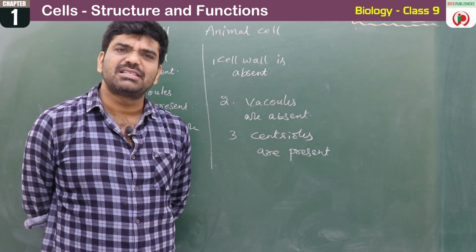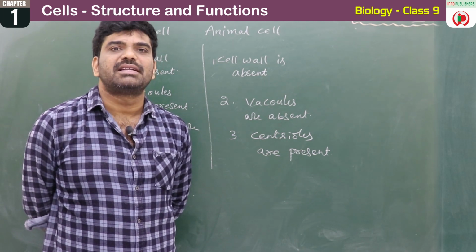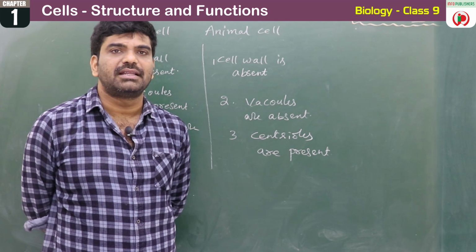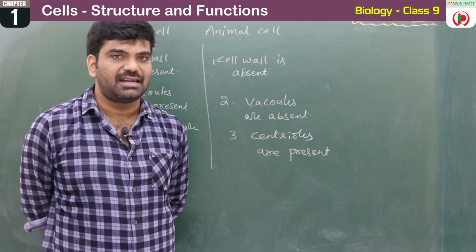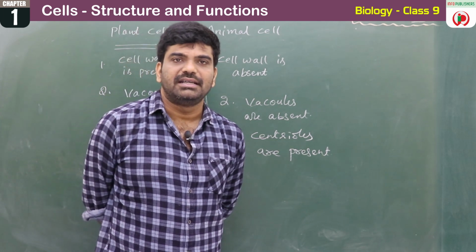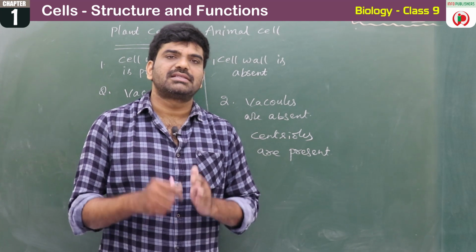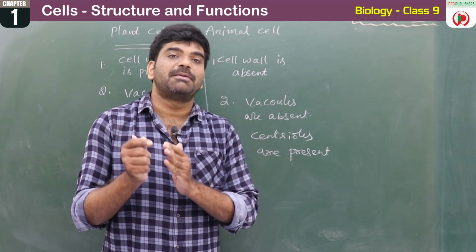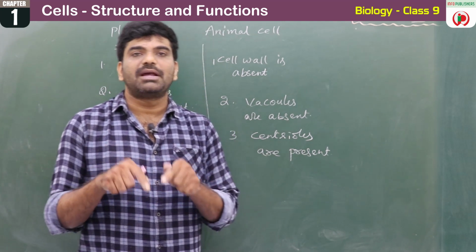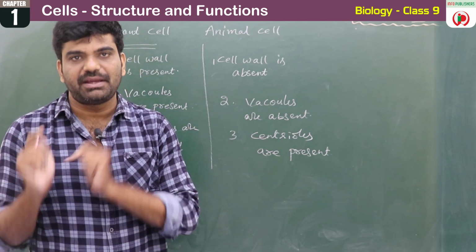So what is cytoplasm, children? Cytoplasm is nothing but the liquid or the fluid content that is present inside the cell. So the plasma membrane separates the cytoplasm from the external environment.